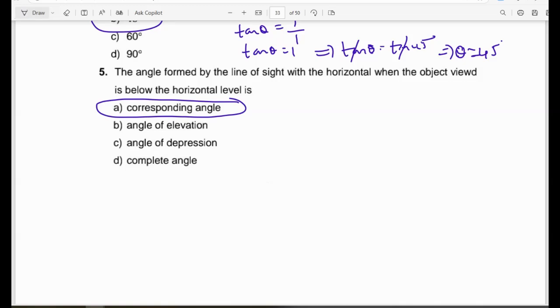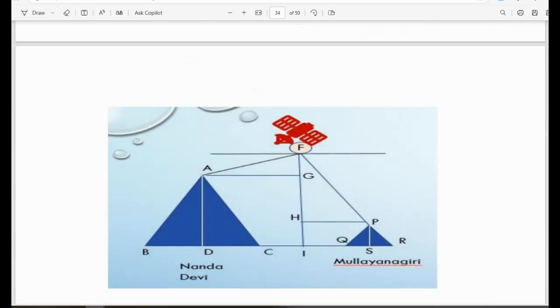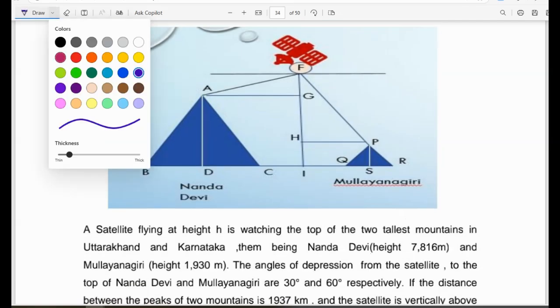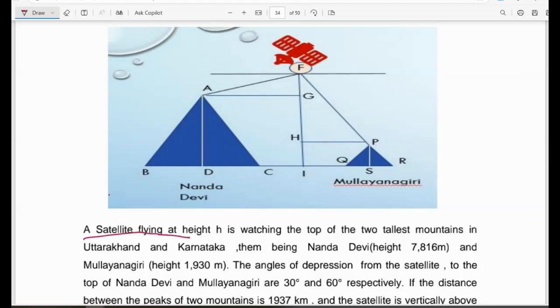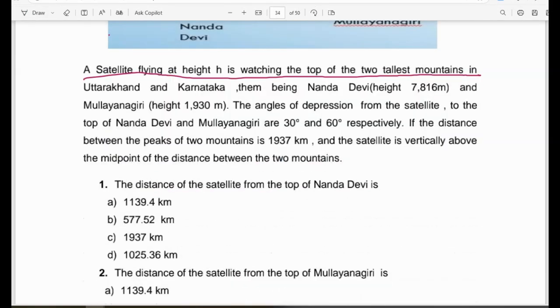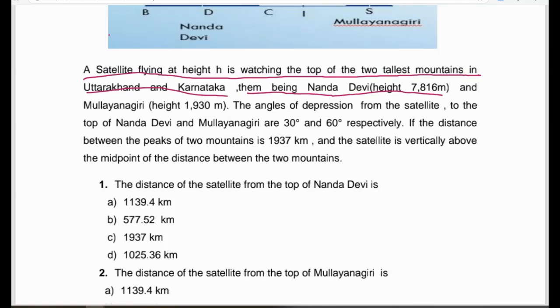Okay, moving on with the next one, we have case study 2. In case study 2, they have given a satellite flying at height h watching the top of the two tallest mountains in Uttarakhand and Karnataka, being Nanda Devi, height 7,816 meter, and Mullayanagiri, height 1,930 meter.